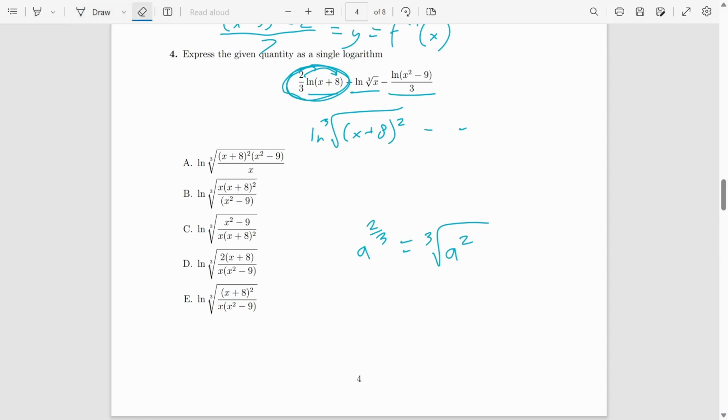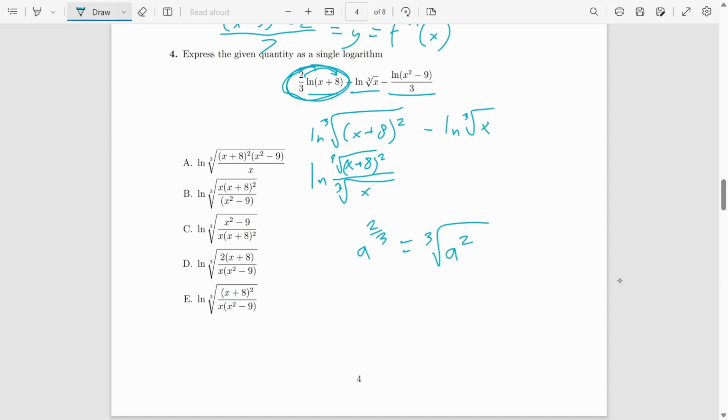Now we have the minus ln cube root of x to worry about. And remember back to the first trick where if you subtract two logarithms, it's just one logarithm where you divide both of the insides. So that becomes ln of cube root of (x plus 8) squared all over cube root of x.